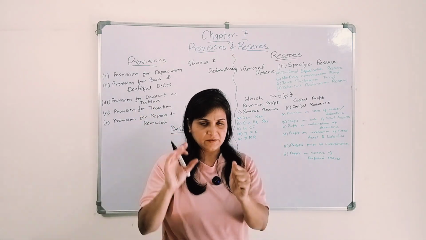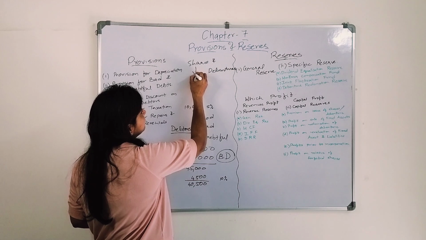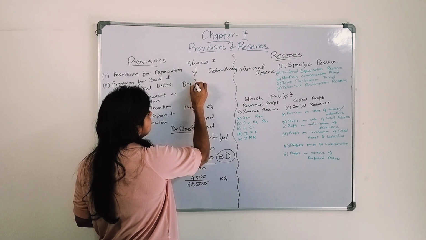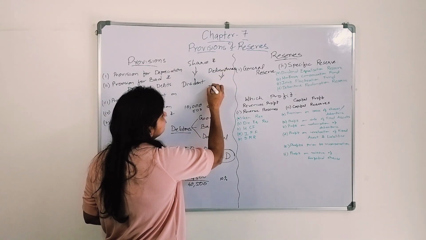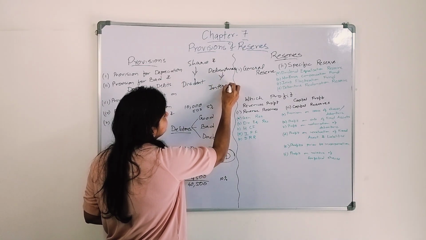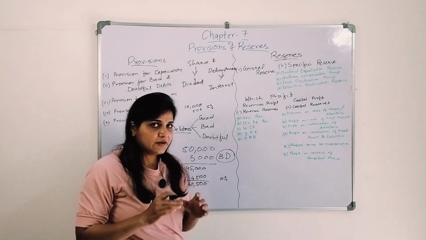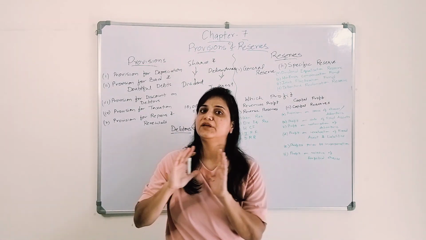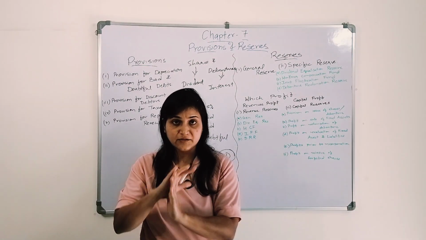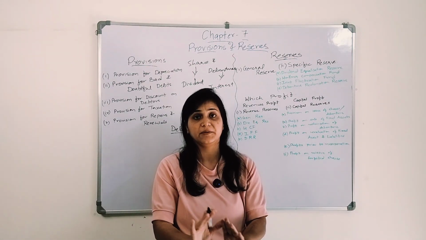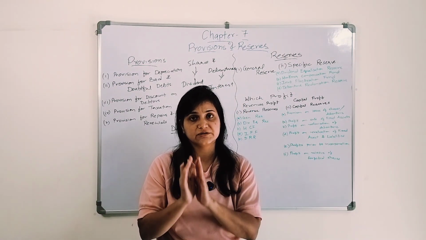In the case of shares, it is called dividend, and in the case of debentures, it is called interest. Dividend, the company may pay or may not pay. If they have a profit, they will pay it. If they are running into losses, they will not pay. Interest, they have to pay to their debenture holders.